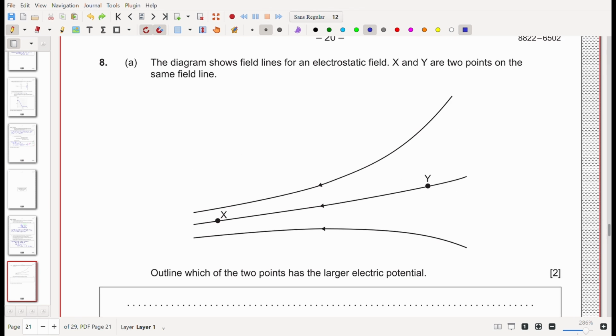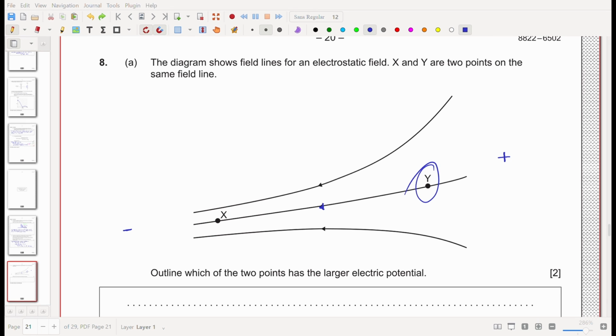Now, really quickly, if you look at this, you might be compelled to believe that X has a higher potential than Y because there's a greater density of lines between them. I know I did when I was writing my exam. But what you have to remember is that lines flow from positive to negative potential. And since you see the direction of lines is this way, Y is actually at a greater potential than X.